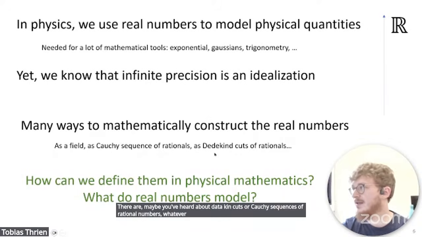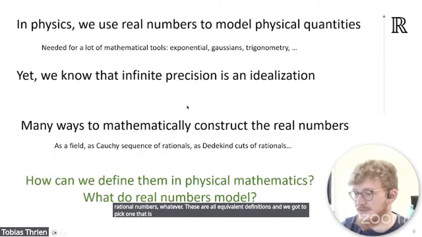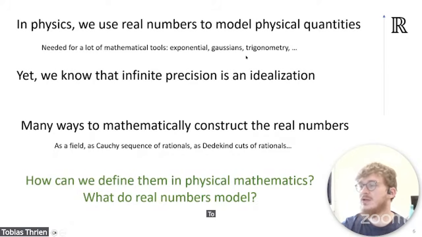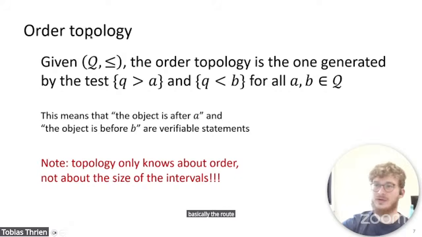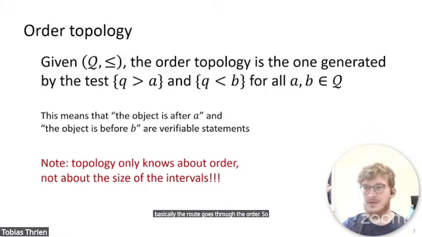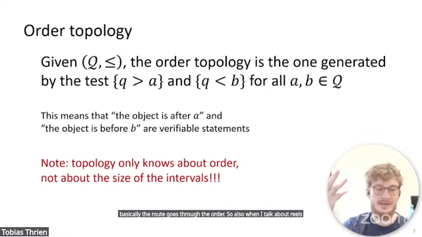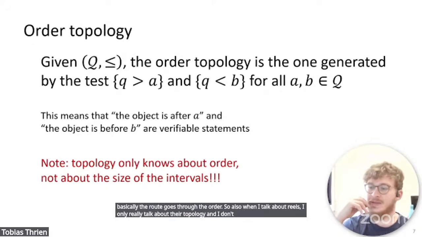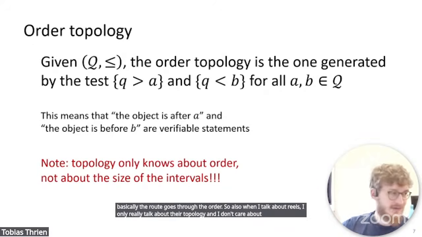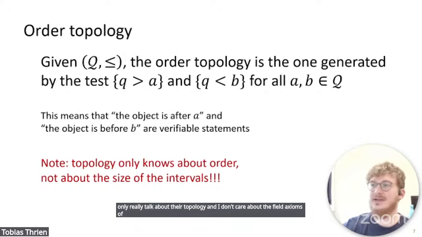These are all equivalent definitions, and we have to pick the one that is most convenient for us to recover. Basically the route we will go is through the order. Also, when I talk about reals, I only really talk about their topology, and I don't care about the field axioms of it, so addition, multiplication, and so on.